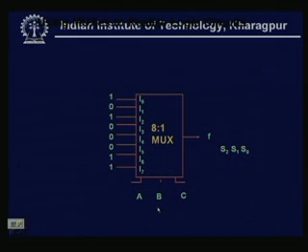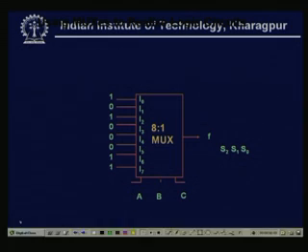So, just now what we have used, this is my 3 select lines, A, B, C. These are my S0, S1, S2, and these are my primary inputs.